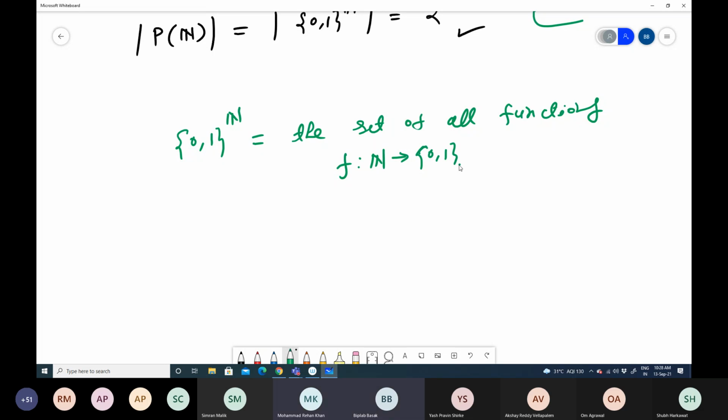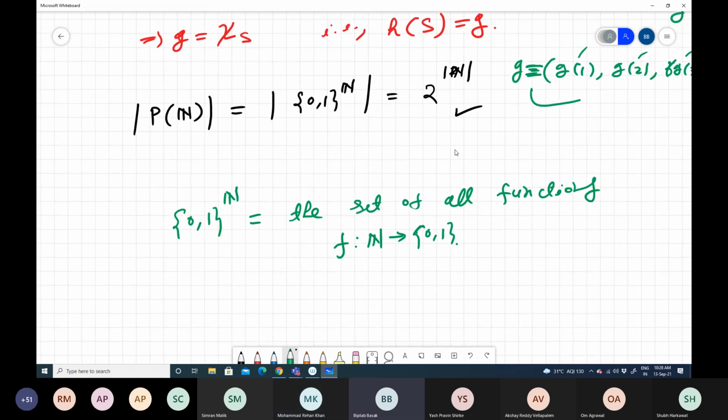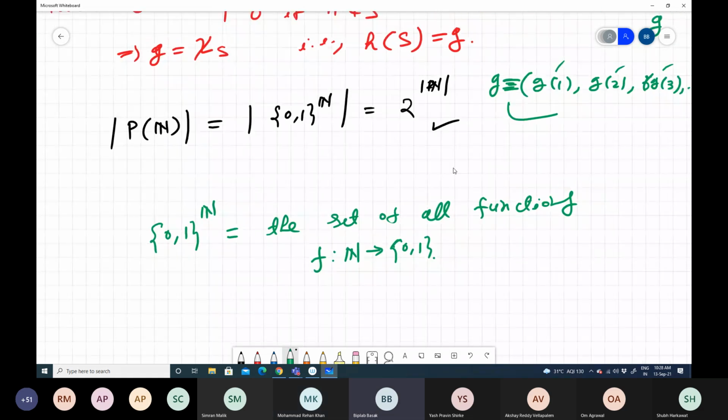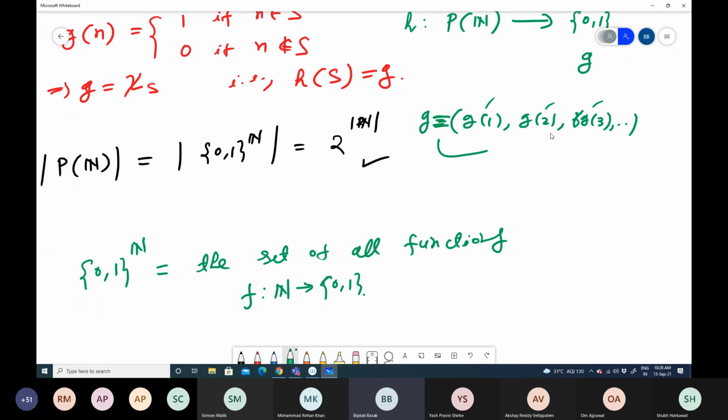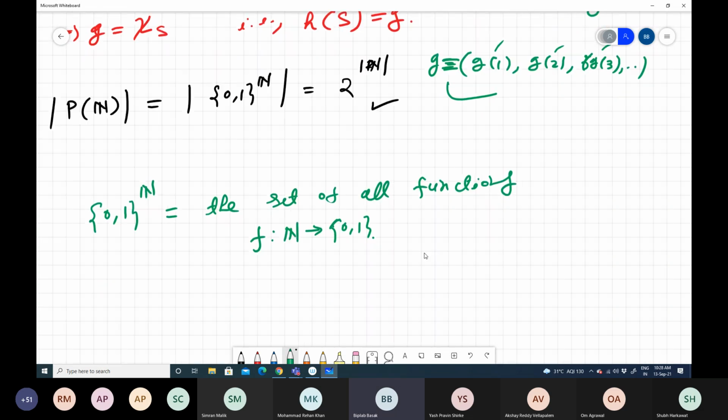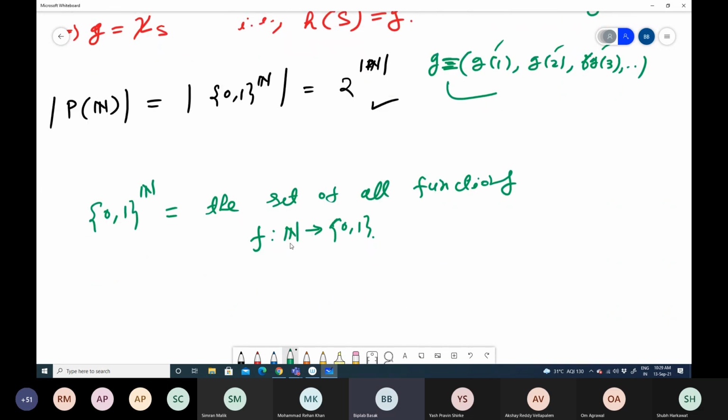So this set of all functions is equivalent to the set of all sequences of entries 0, 1. I am not saying that g is a sequence. You can express it this way because it is equivalent. If you know all the values of g at the natural numbers, then you know the function, because your domain is N. If you know the values at every point of N, that is when you know the function.